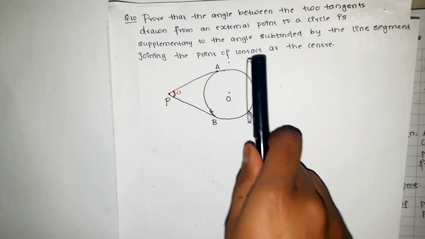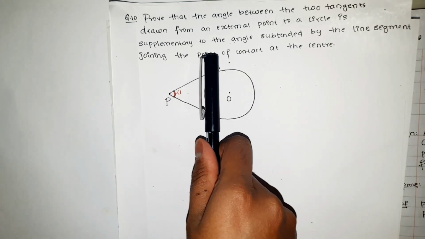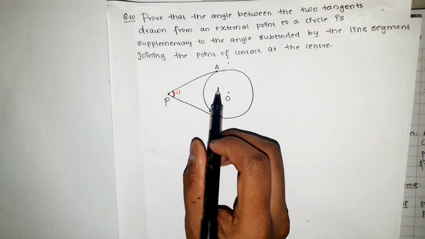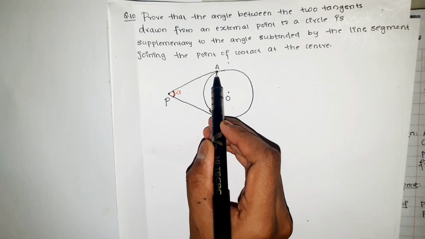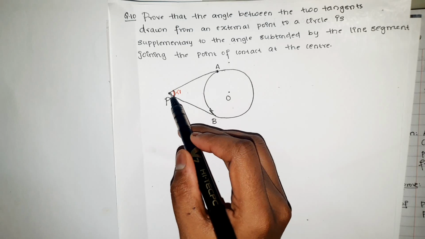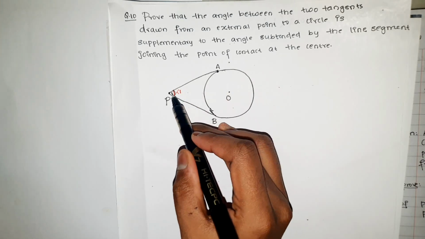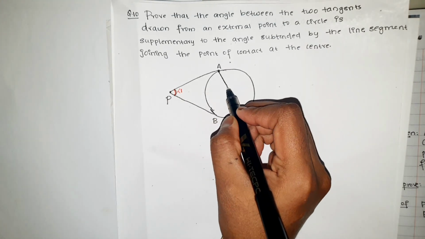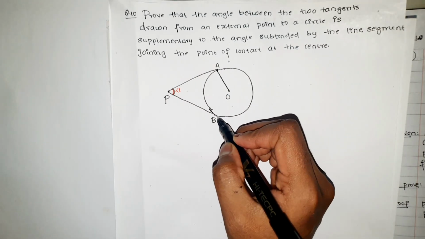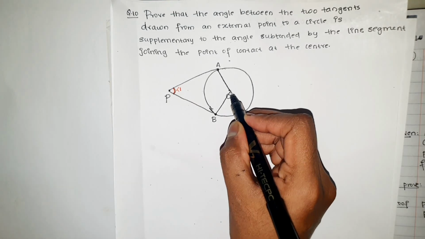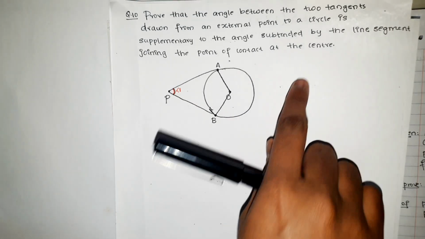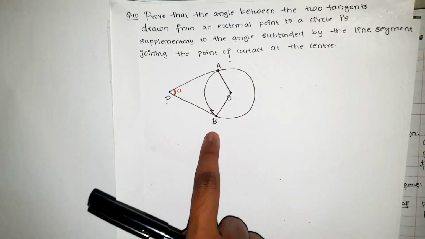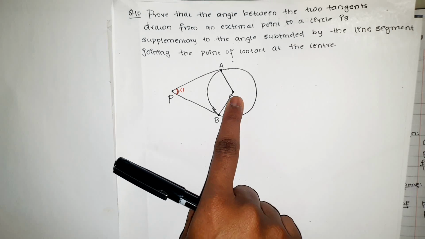Okay, and from an external point is supplementary to the angle subtended by the line segment joining the point of contact. Here this is a point of contact, that is, the point which is common to the tangent and the circle. So this is a point of contact to the center.